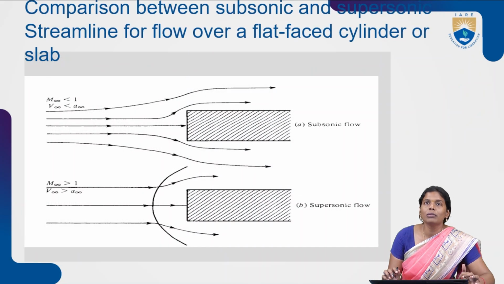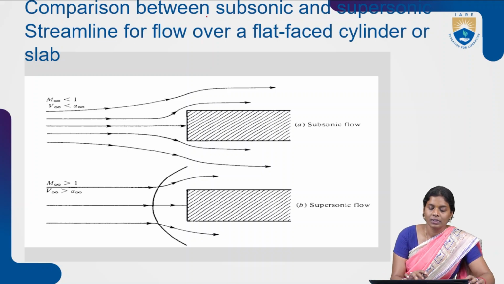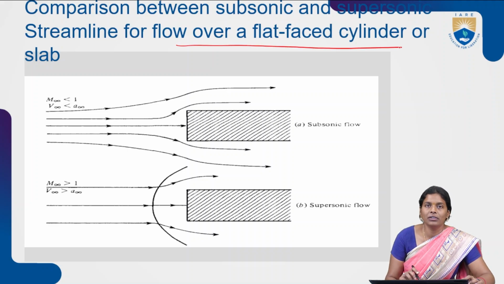Now we will compare subsonic and supersonic streamline flow over a flat-faced cylinder or slab. We are considering two cases: one with subsonic flow and the second with supersonic flow. What is subsonic flow?